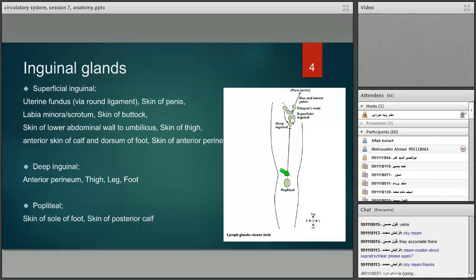After that, the lymph will drain into inguinal glands. There would be two groups of inguinal glands, superficial and deep inguinals. Or also we have, look at here, superior and inferior glands.